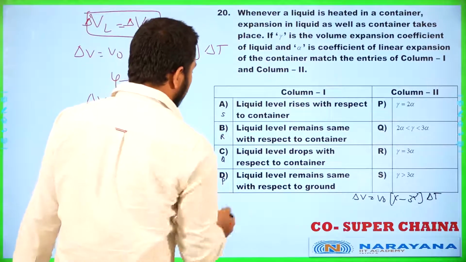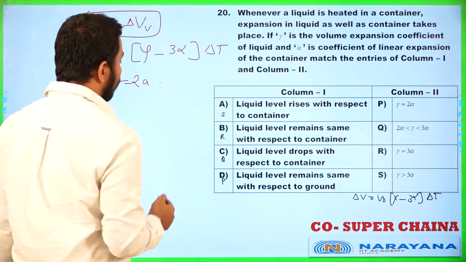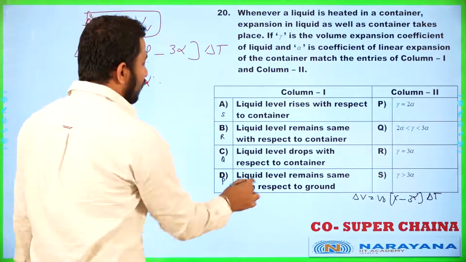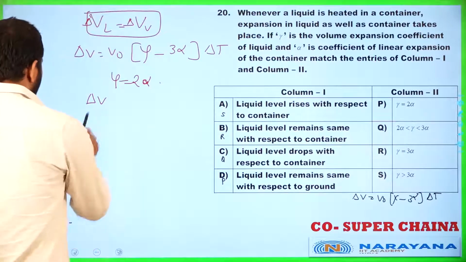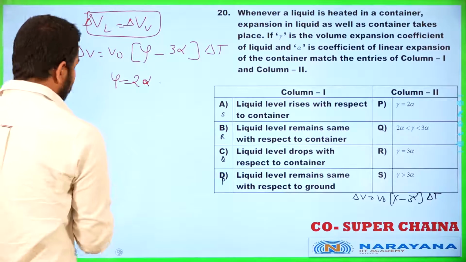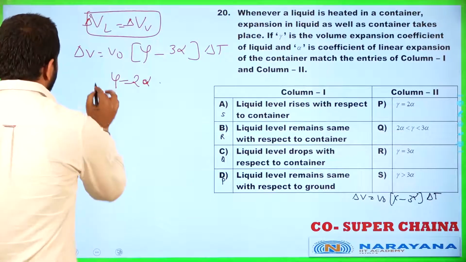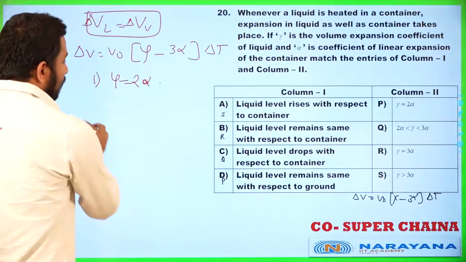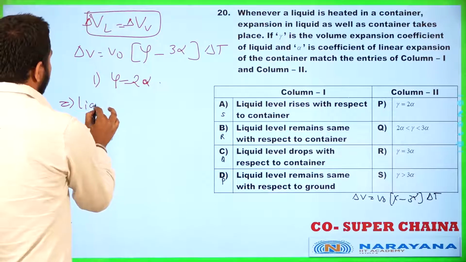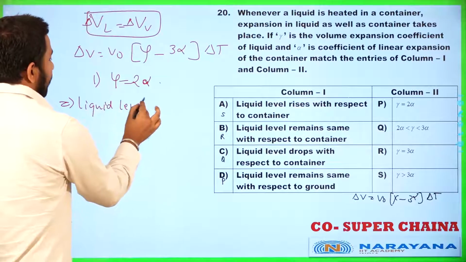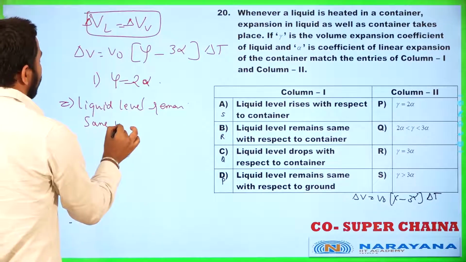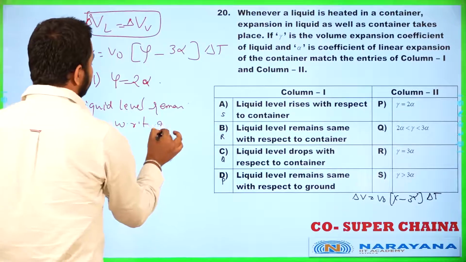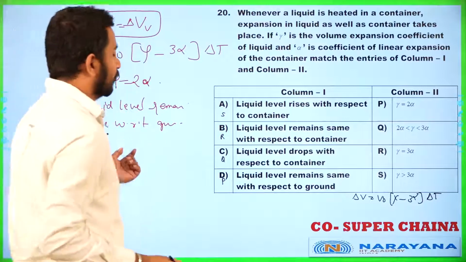From here, what I can write? I will check for the options. If gamma is equal to 2 alpha, I will check that liquid level remains same with respect to ground. This I will get, right?